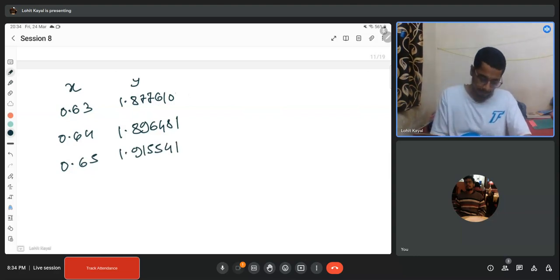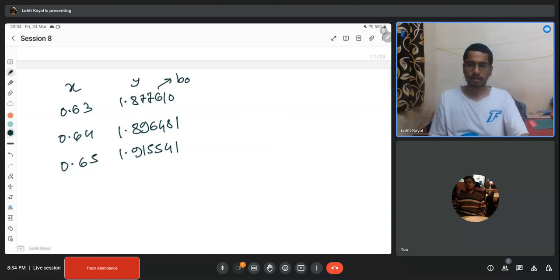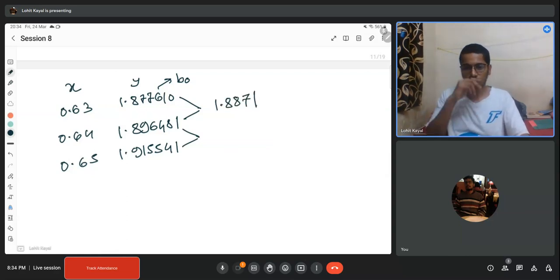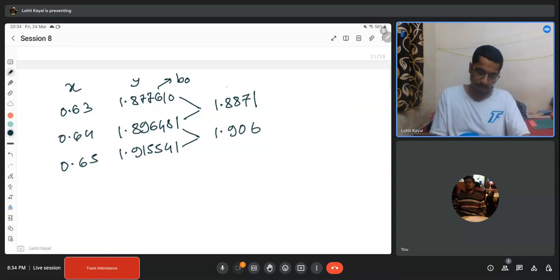Okay, so this value is your b naught. Now if you use divided difference, you will find that this value will be 1.8871. I have already done the calculation, so I am just writing down the final result. So it will be 1.906. This is your B1, and this will be your 0.945.